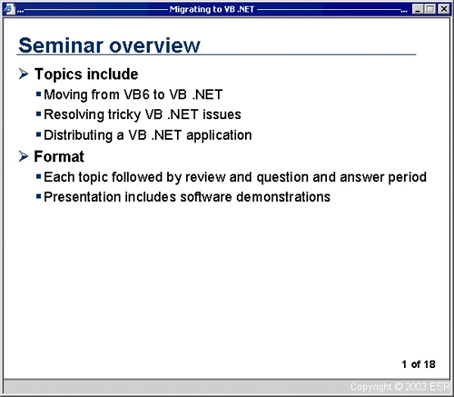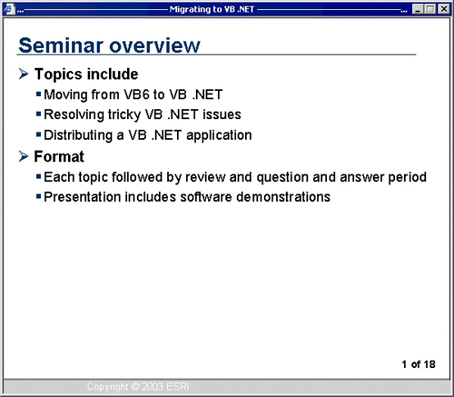As we begin, let's look at the topics that we'll be covering today. We'll start by migrating a Visual Basic 6 application into VB.net, and we'll look at some of the reasons that you and other developers have opted to make this migration.